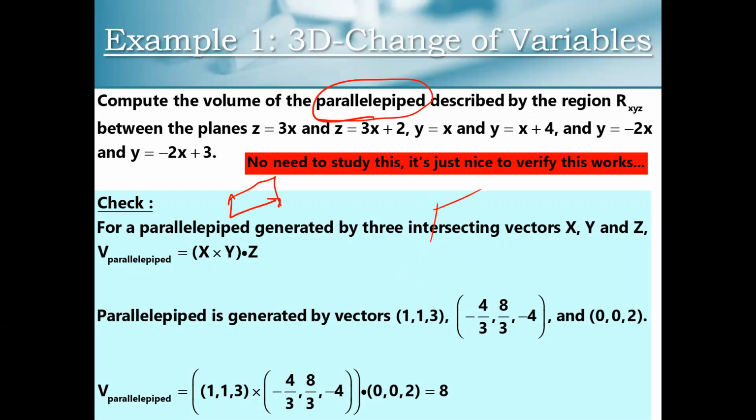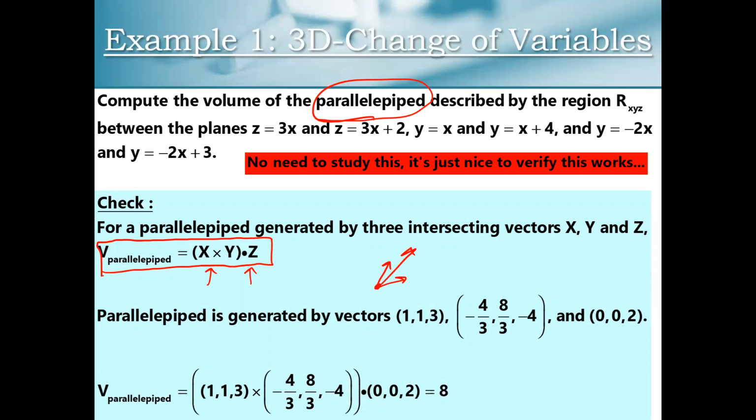And so if you could figure out those 3 vectors and plug it into this little formula here, the volume of a parallelepiped is x cross y dot z, where x, y, and z are 3 vectors that start at a point that define our parallelepiped. That will get you the same exact volume.